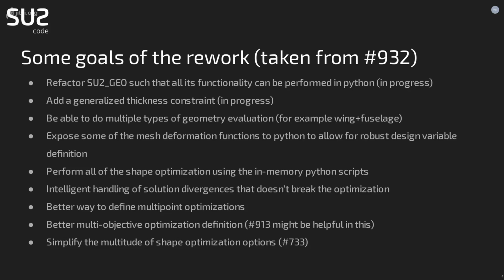Yeah, exactly. A lot of this was also motivated by my working alongside some people from the University of Michigan, and they have a very robust optimizer and shape optimizer in a framework that plugs into SUMB, which they use as their solver.